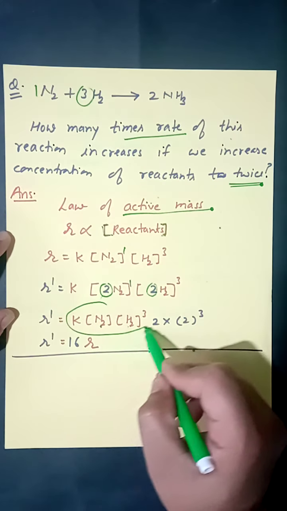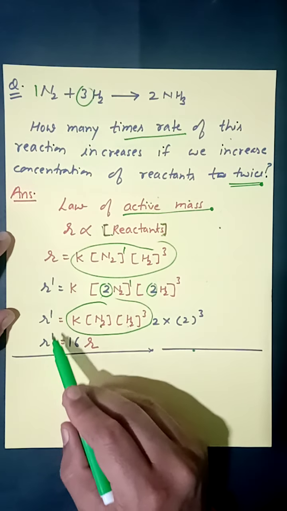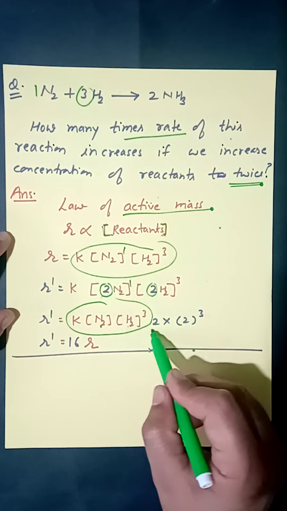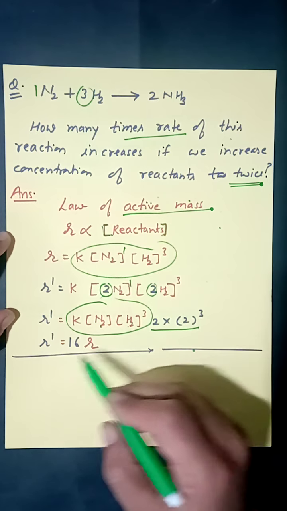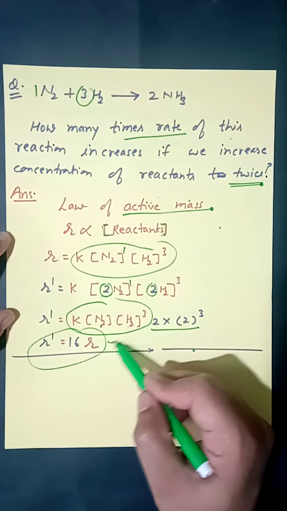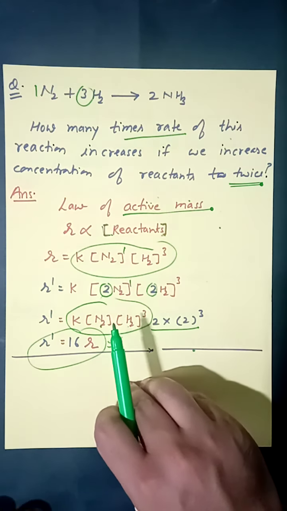In place of this expression you can write R, and therefore you can say the rate of reaction increases by 16 times. It is 2 into 2 power 3, 2 power 3 equals 8.